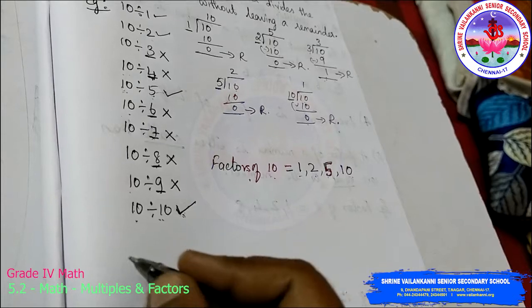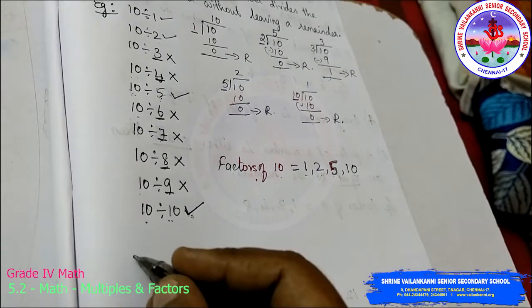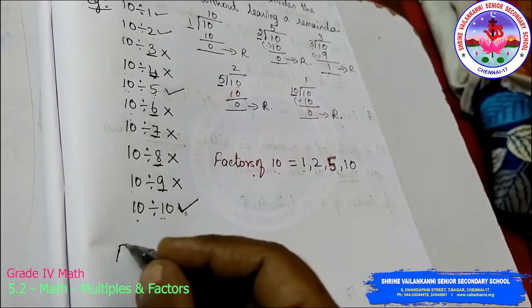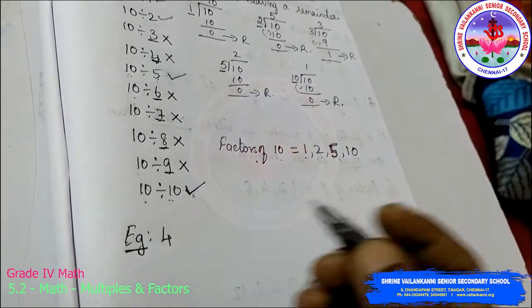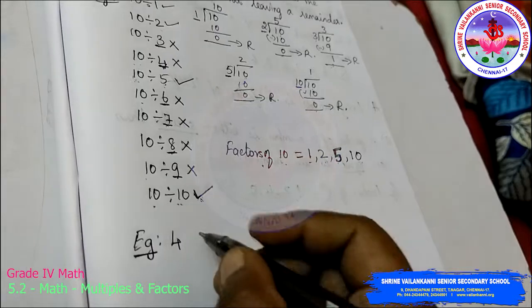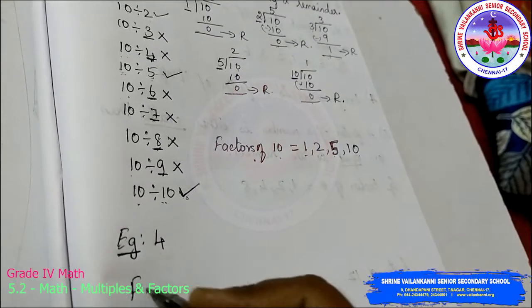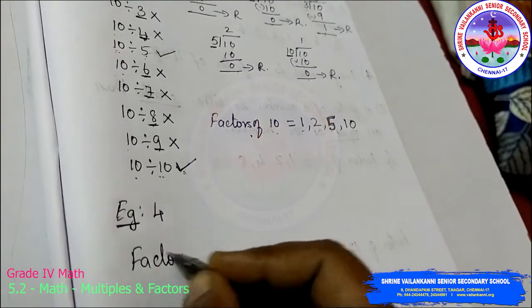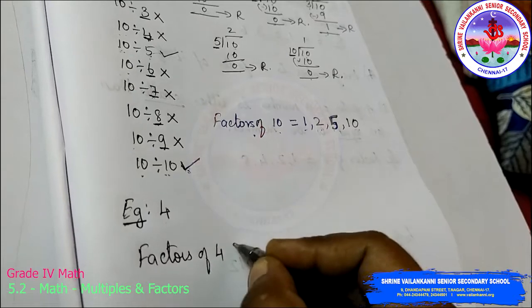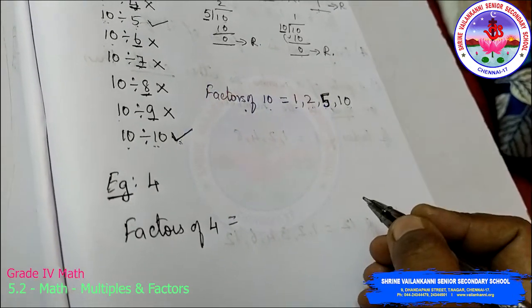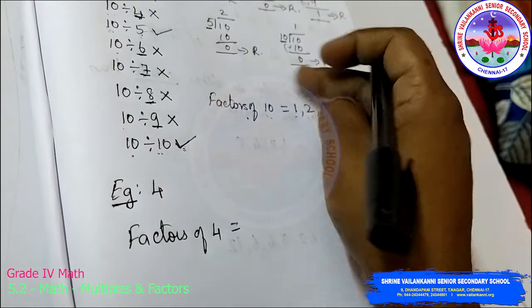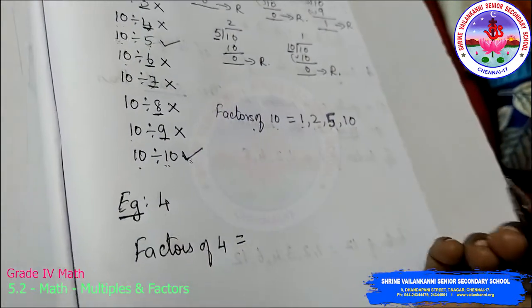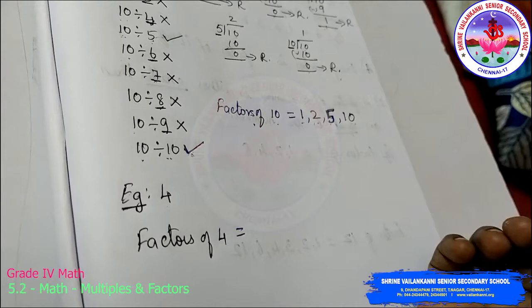So for example, I'll take another number. If I take 4, factors of 4. So now, without showing all this division and this symbol, I am going to find the factors of 4.